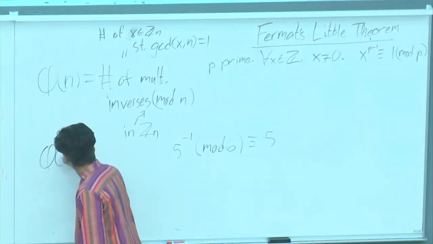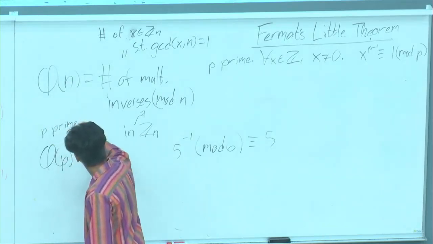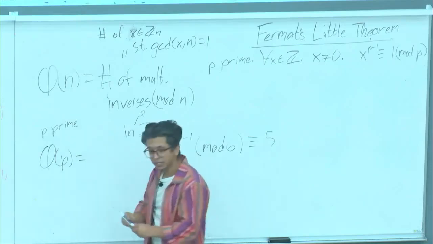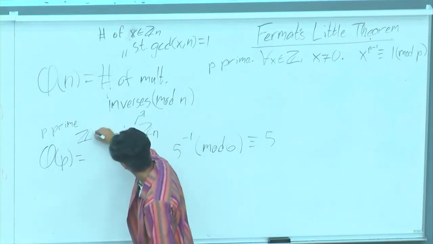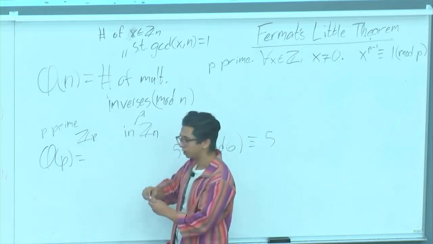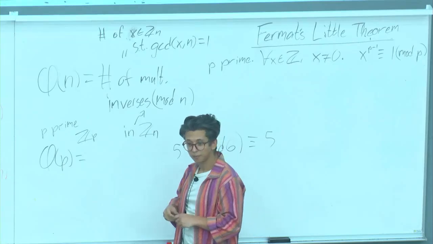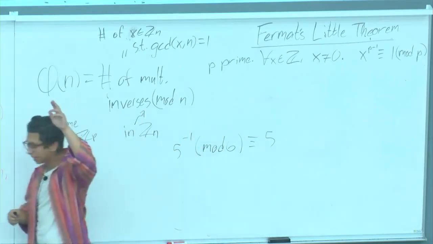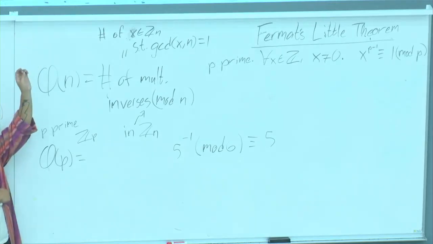What is phi of p for p prime? How many things have multiplicative inverses in Zp? That is the set of 0, 1, 2, all the way up to p minus 1.